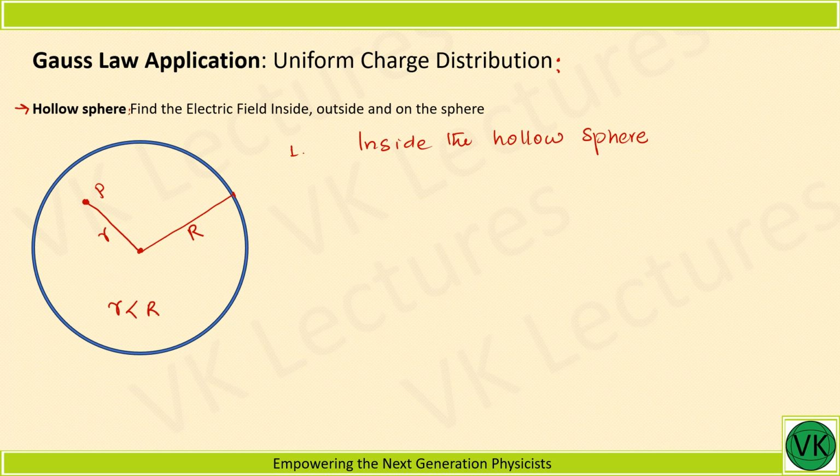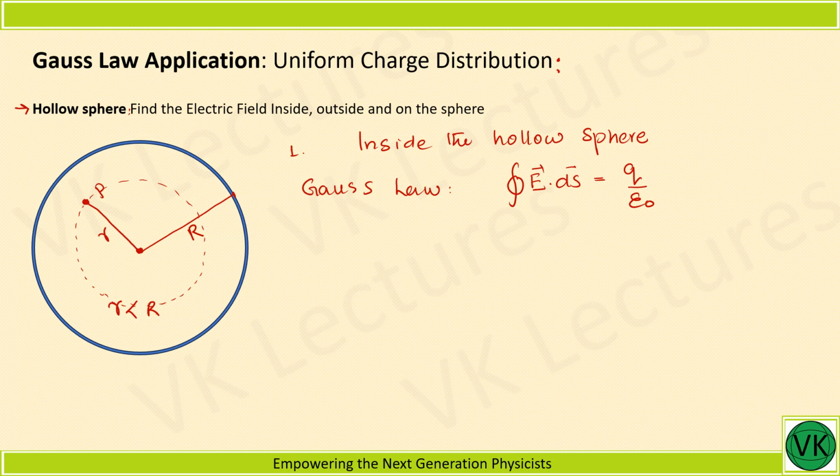Now according to the Gauss law, we can write closed integral E bar dot ds bar equal to q by epsilon naught. Now if you draw one circle or a sphere at a distance r from the center, everywhere the electric field will be the same, because electric field depends on r.